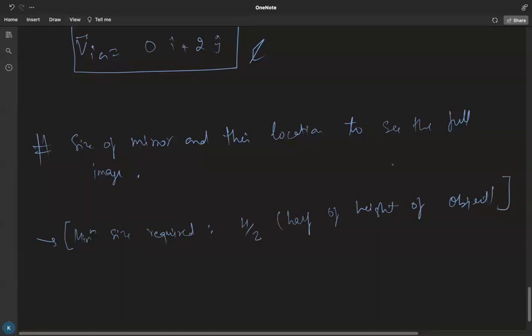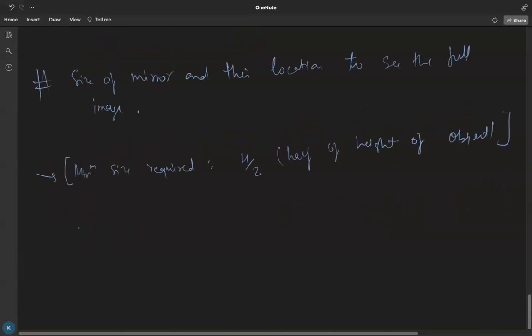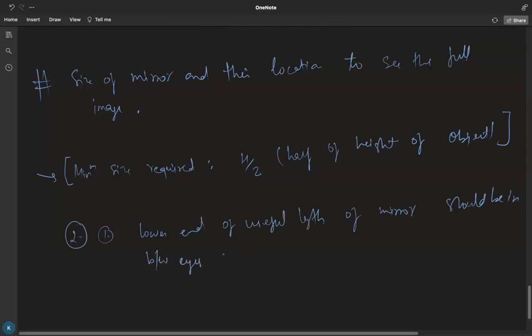And if I'm talking about the proper adjustment, the lower end of the useful length of the mirror should be in between the eyes and the foot.